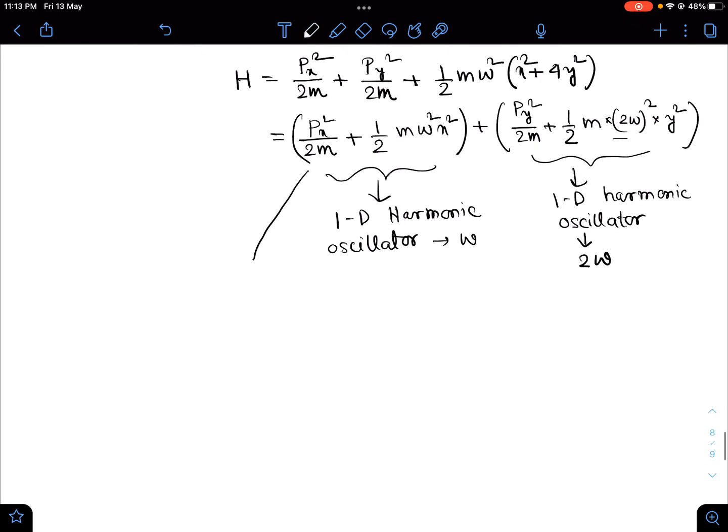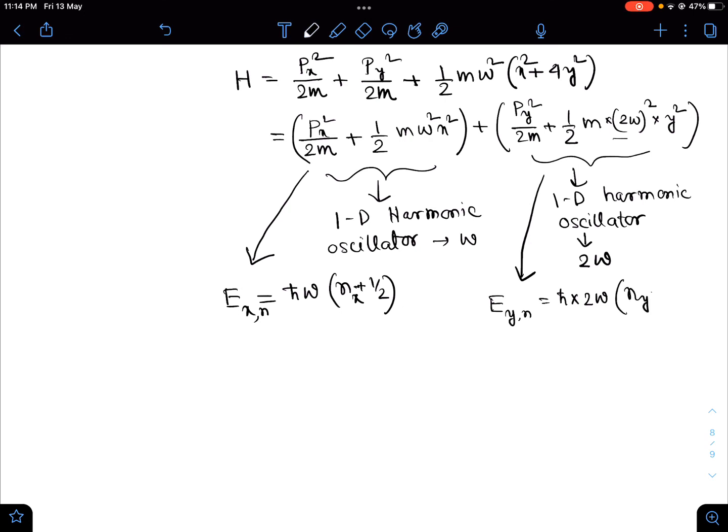What will be the energy for this harmonic oscillator? The energy of the nth state will be h cut omega, let us denote this by nx, plus half, and the energy of this harmonic oscillator will be h cut into 2 omega, since the natural frequency is 2 omega, and it will be ny plus half.